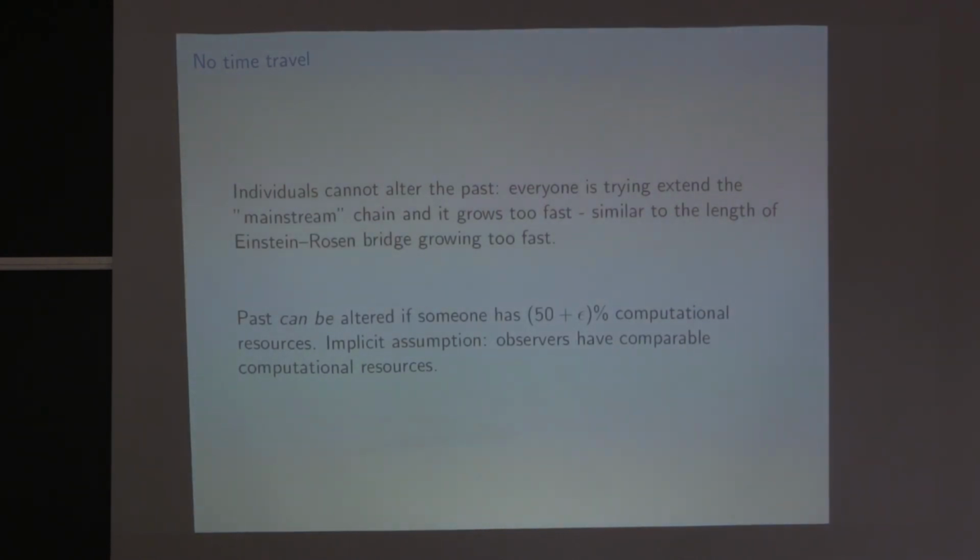So you can in principle cross it, but then you have to travel faster than the speed of light. But in principle, it's true: if Carol has more than 50% of the computational resources, she is essentially the master of the universe. She can arrange the history of events as she pleases. So this is one important implicit assumption, that all observers have comparable computational resources.